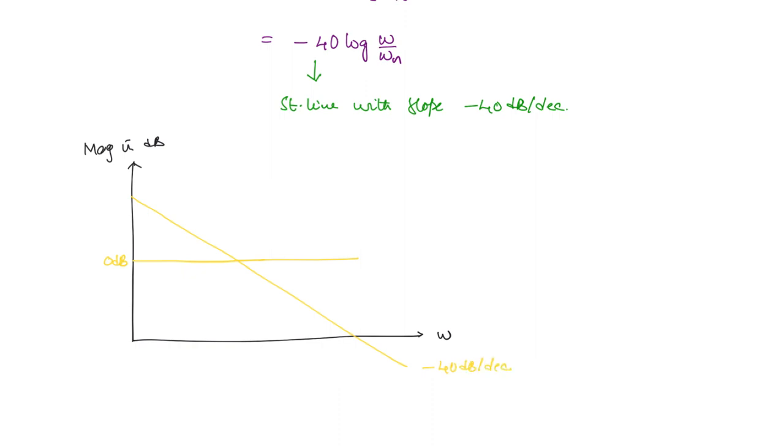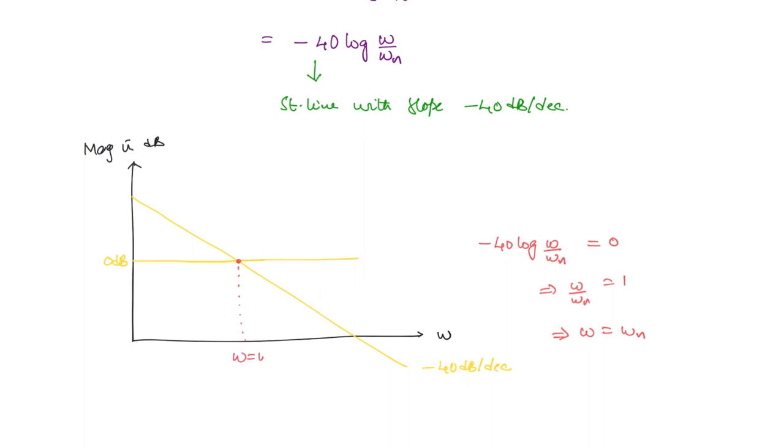Now where will they both meet? That means what is the frequency at this point? This you will get by equating both the straight line equations. So minus 40 log omega by omega n you should equate to 0. Then what will you get? Omega by omega n should be equal to 1, meaning that omega is equal to omega n.